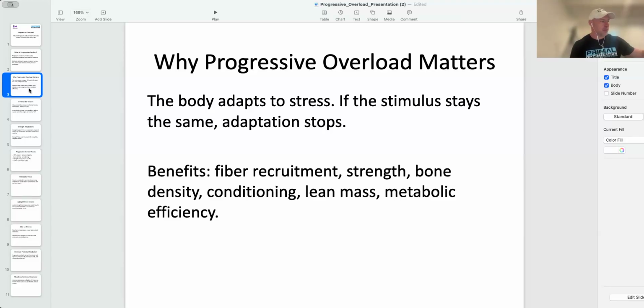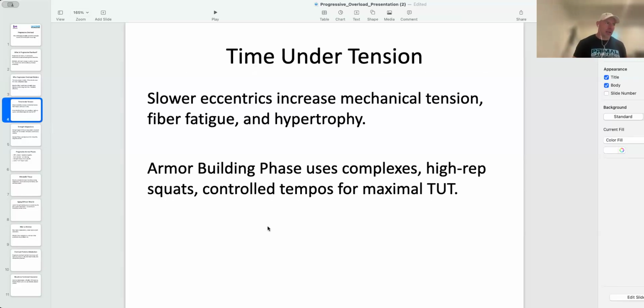Some of these may be more impactful to you personally. Maybe it's a metabolic factor, but then you're going to gain all the other components if you increase your lean tissue. You're going to have a better recruitment pattern, strength, bone density, all that good stuff that comes along with doing progressive overload.